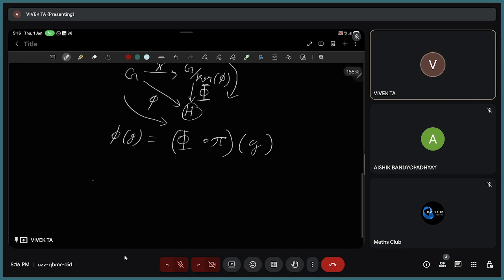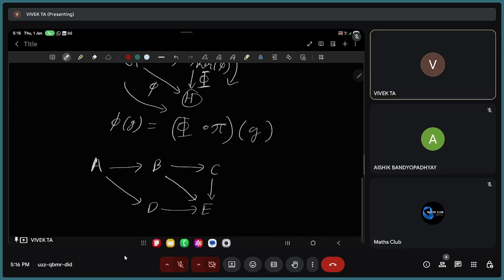Essentially, if you take A to be a group, B to be another group, and C, and let's suppose you have a D and E, and let's suppose these arrows join them together.